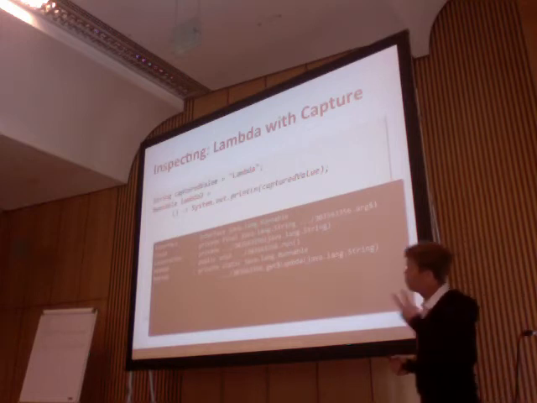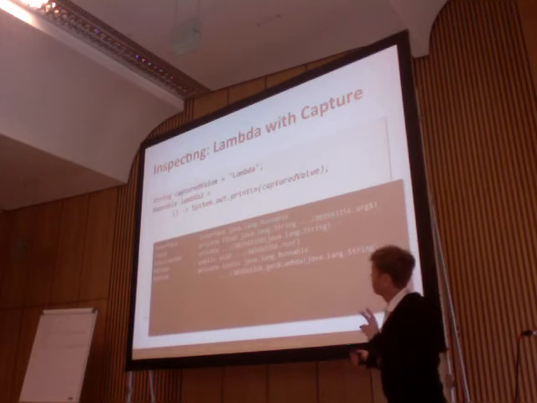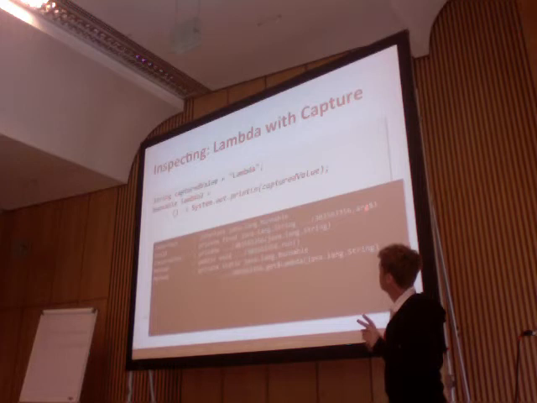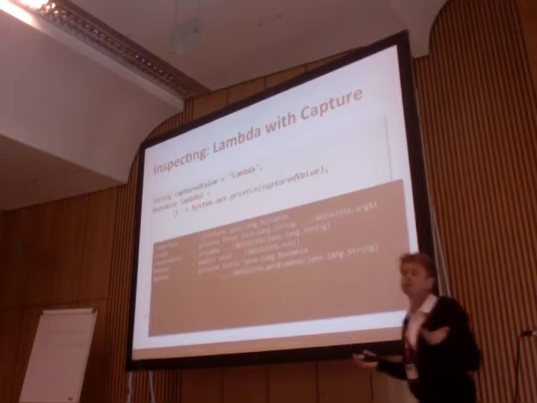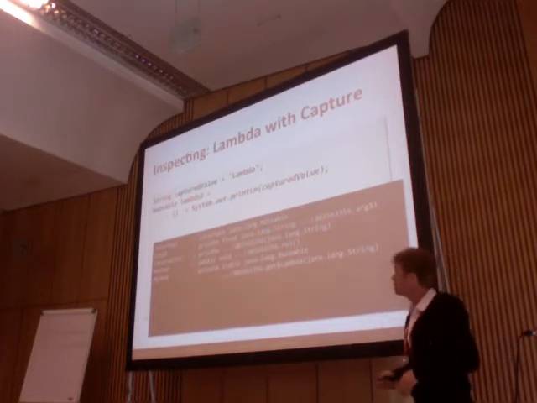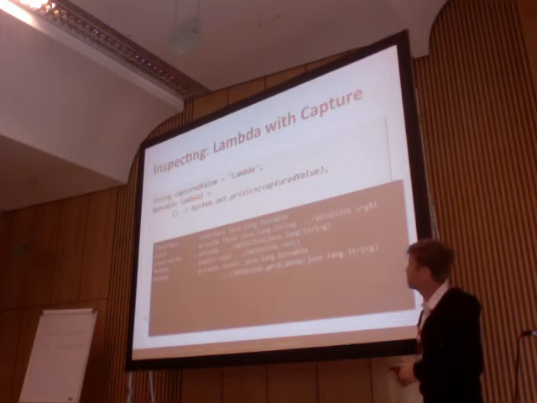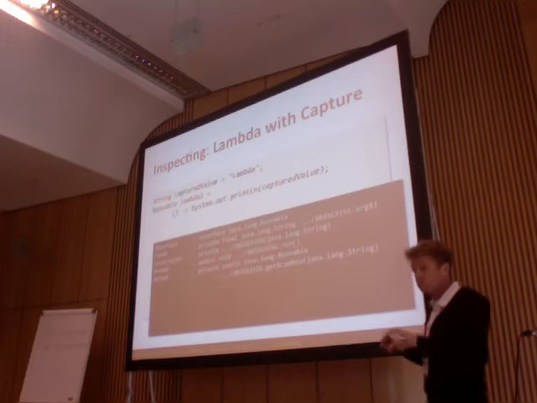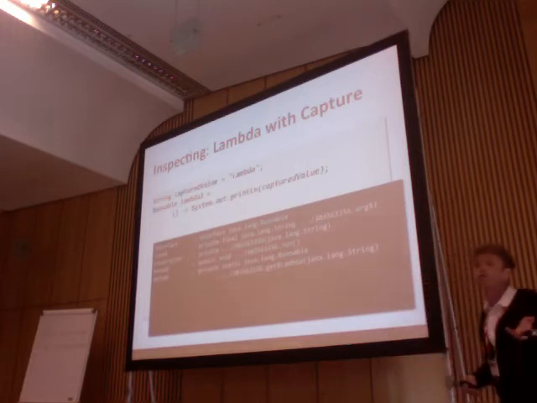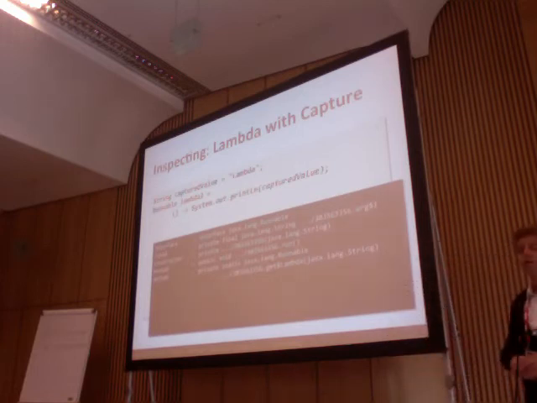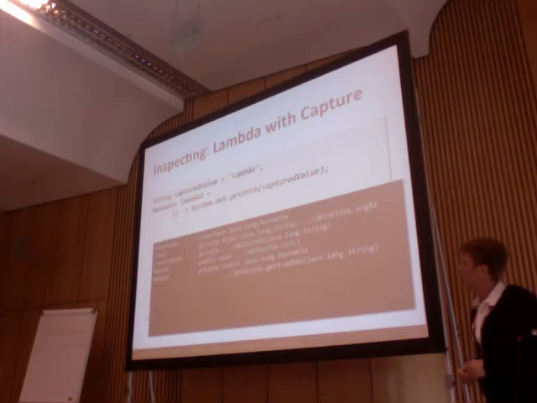But now we have two more methods. First of all, we need a private field. This is the field which holds the capture, the state which is enclosed within the lambda. We have a constructor. The constructor actually accepts the value. So for every value we capture, we get another argument to the constructor.